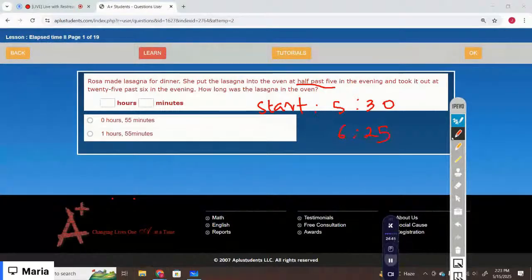Starting from 30 minutes until 25 minutes, we have 30 and 25, 55 minutes and 0 hours. That is 0 hours and 55 minutes.